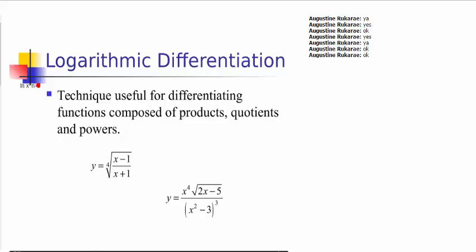For ln, the rule says that the power will come in front, right? So it would be n ln x. That's how it works, right? In ln, your power will get multiplied in front.